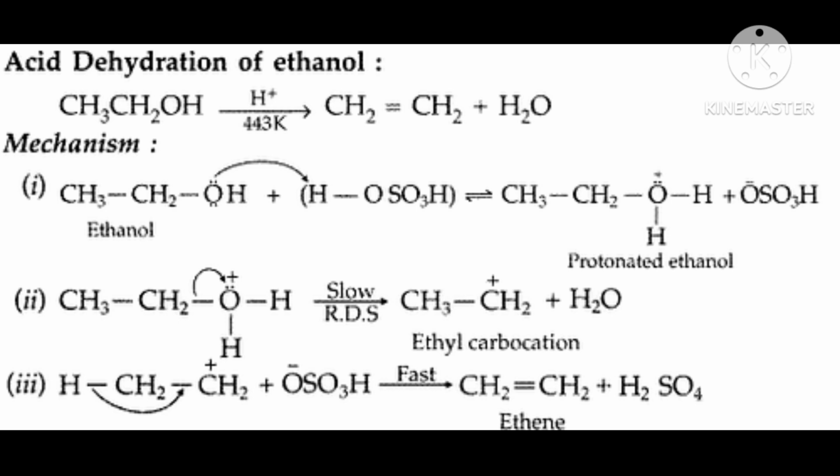The oxygen has a lone pair of electrons, 2 electrons, and one lone pair will be given to H plus. That's why the C and OH bond will break, because that OH is giving one lone pair of electrons to acid H plus.